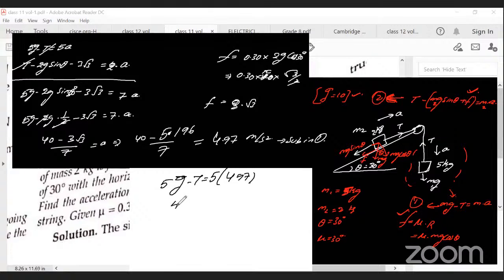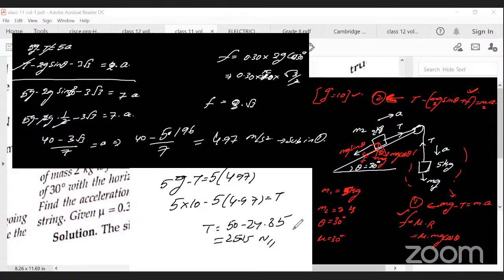So from this relation, 5 into 10 minus 5 into 4.97 is equal to your tension T. So T is equal to 50 minus 5 into 4.97, which is 50 minus 24.85, so approximately we'll get 25.15 Newton. This is your relation.